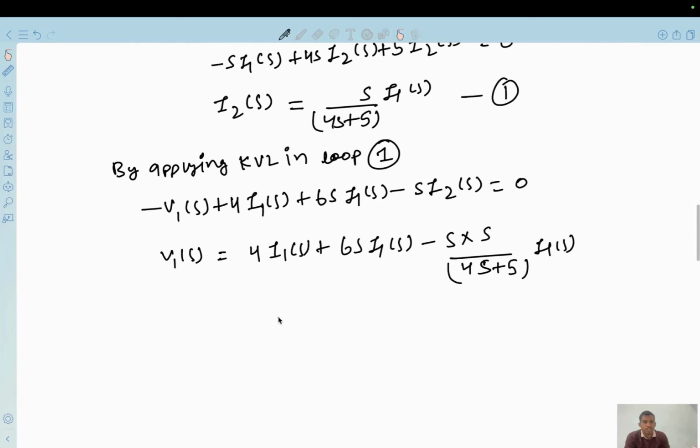Now from here we can calculate the value of V1S upon I1S. What is it?